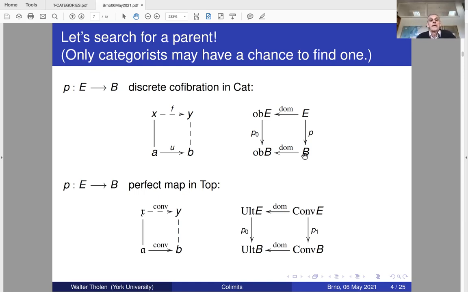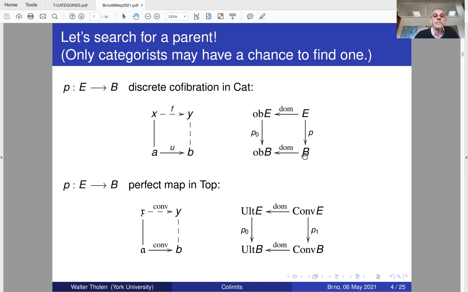And surprisingly, and I realized that only quite late in the game, perfect maps have exactly the same pattern. The thing, of course, is that you must not think in terms of topology, in terms of open or closed sets. You have to think in terms of convergence.